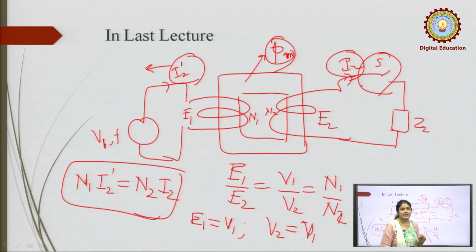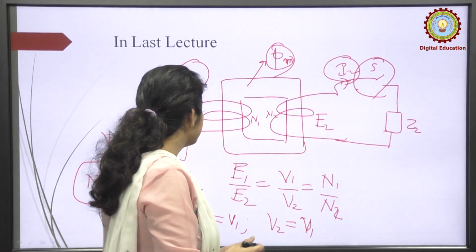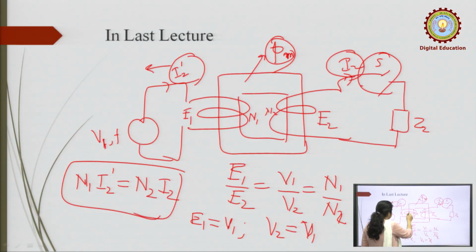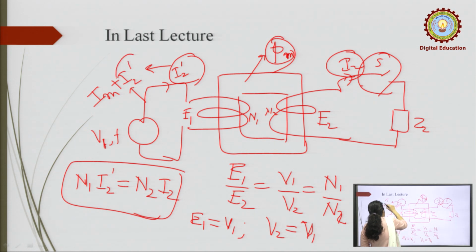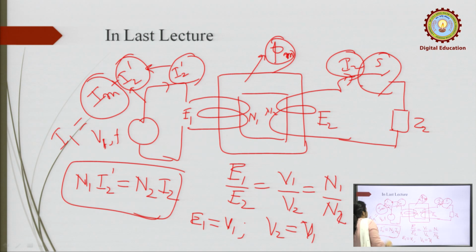So at loaded condition, the primary has two currents, I2 dash and IM, which together equal I1. We have already discussed this in the last class.